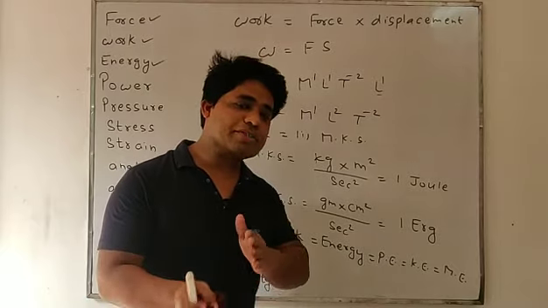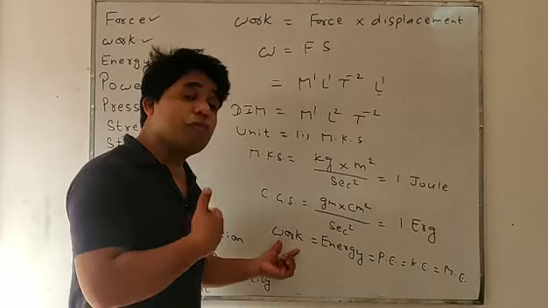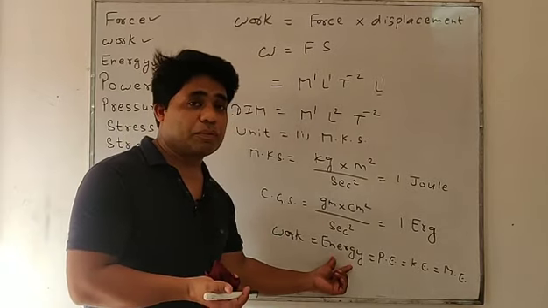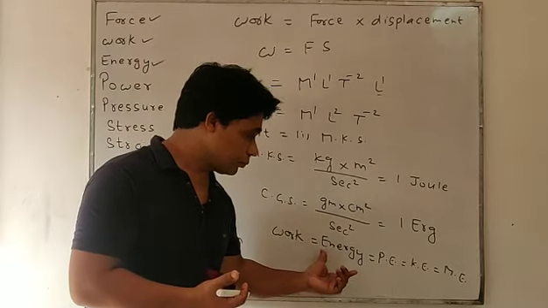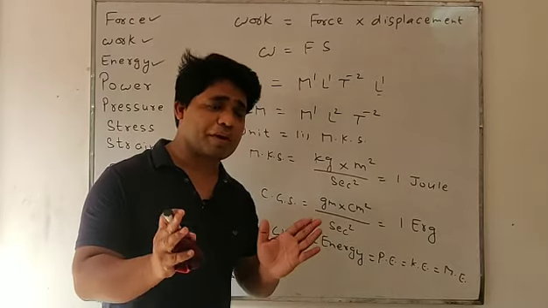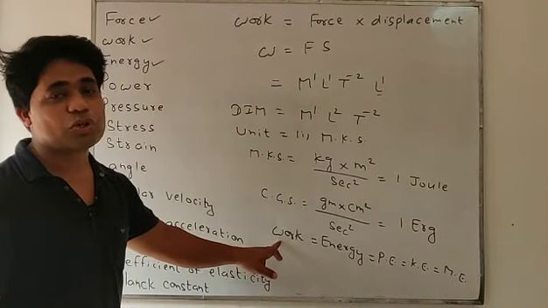So work is similar to energy, because work done is said to be energy. The capacity of work is called energy. So all types of energy, including potential, kinetic, mechanical and sound energy, have a similar dimension to work.